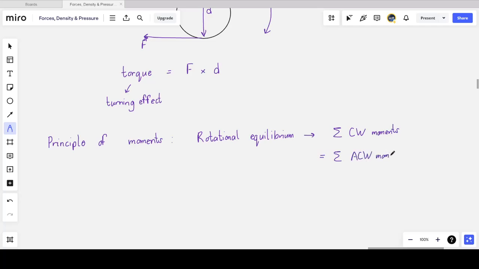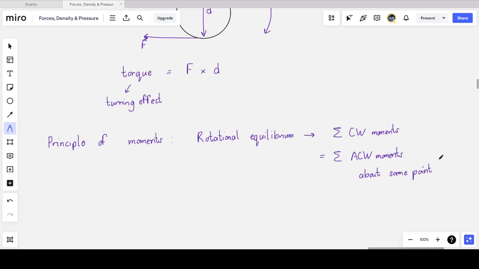I'm not writing it in full, but you know what I mean. When you open your textbook, you'll see this there. The sum of all the clockwise moments must equal the sum of the anti-clockwise moments, provided that these moments are taken about the same pivot, about some point. And so that's the principle of moments.